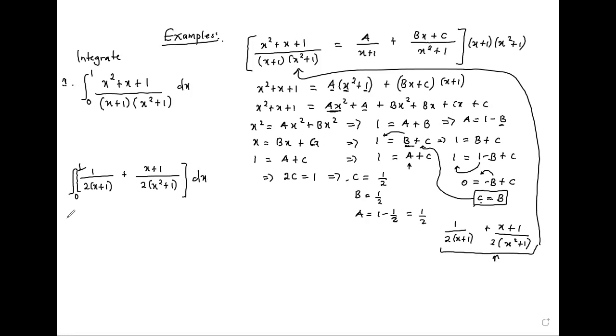Since we can separate, we'll take the 1 over 2 and remain with the integral from 0 to 1 of 1 over x plus 1 dx, plus we'll take the 1 over 2 and remain with x over x squared plus 1 dx, plus the 1 over 2 and remain with 1 over x squared plus 1 dx.